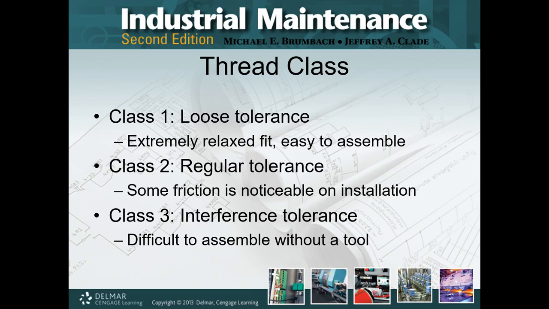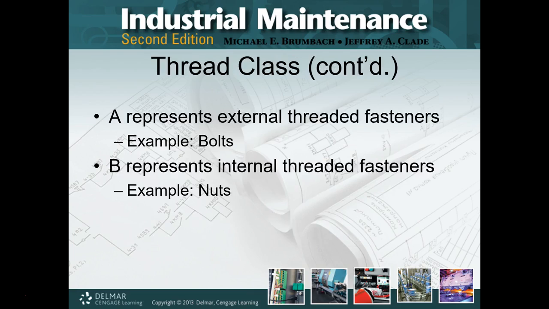Regular tolerance is just about everyday kick around what you can use, and then interference tolerance is difficult to assemble without a tool, and typically you'll find those with really high vibration. And yes, you'll typically want a torque wrench and a few other wrenches to get these two fasteners going.